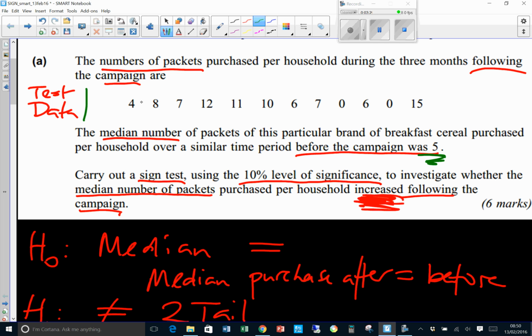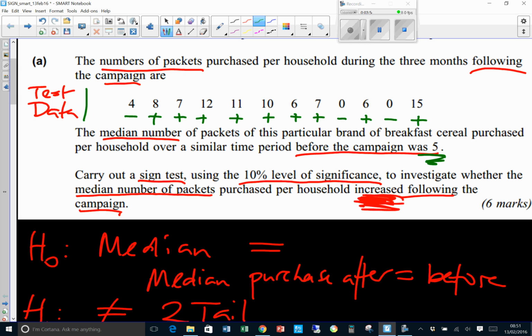So if we have a look at the first one, afterwards they bought 4, which is less than, so we're going to give that a minus. The second household bought 8, which is more than, so that gets a plus. The next one's a 7, so that's a plus. Plus, plus, plus, plus, plus, minus, plus, minus, plus.